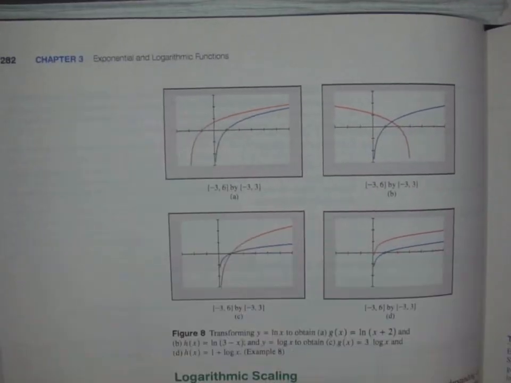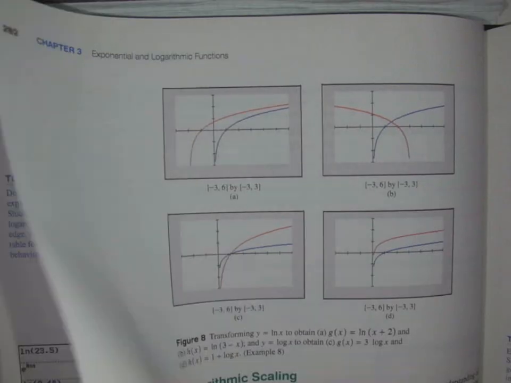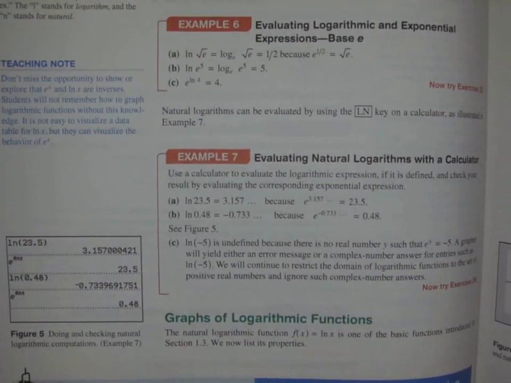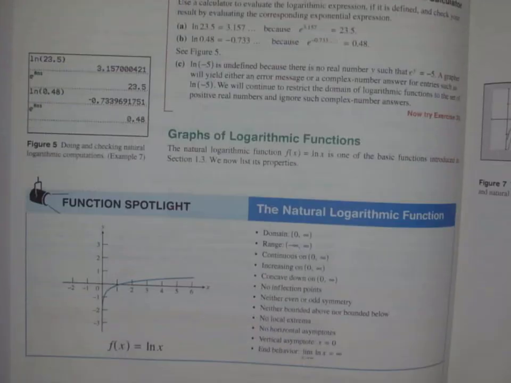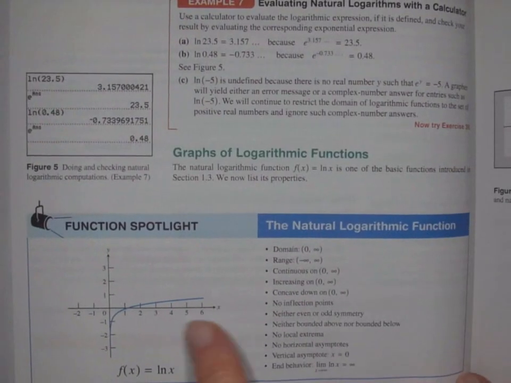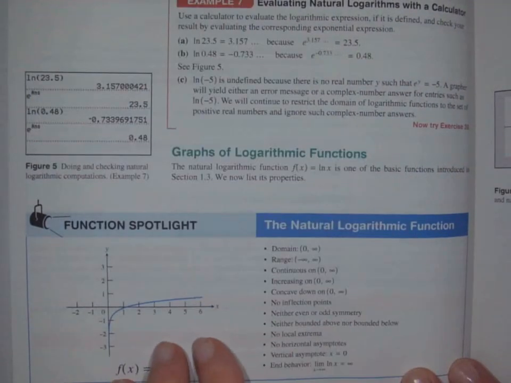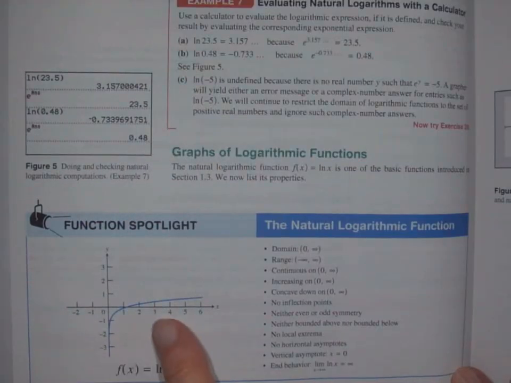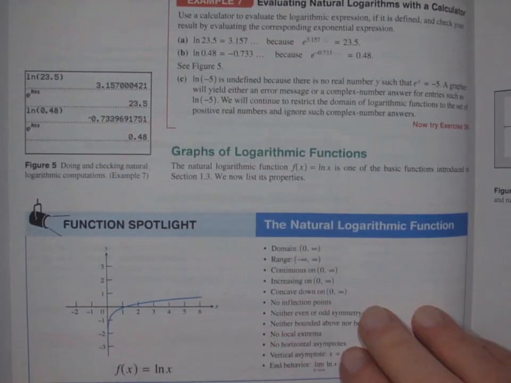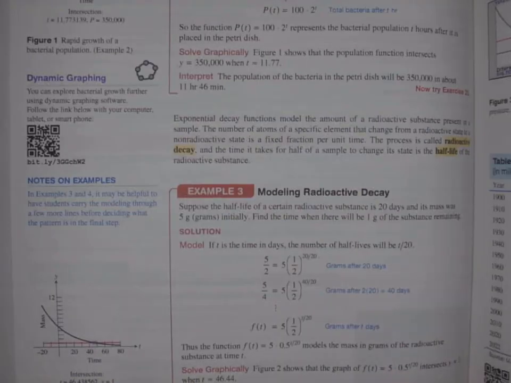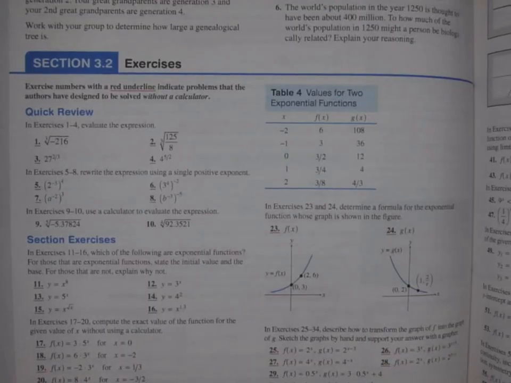If you go under chapter 3 and just look through, first of all, it has all the parent functions. Wherever we're talking about logarithms, you have the parent function and their characteristics. If you flip a few pages, you're going to have the same thing for the exponential.